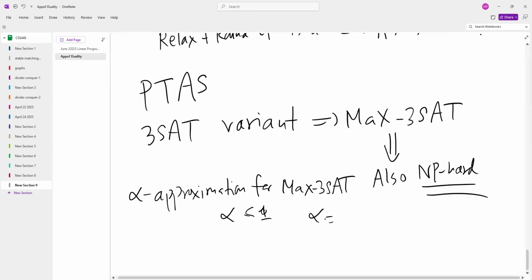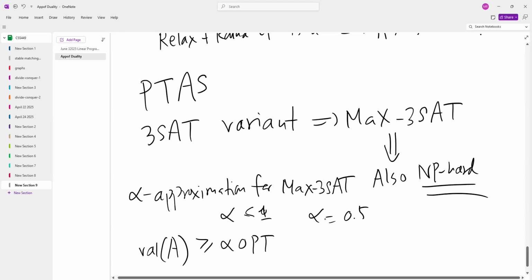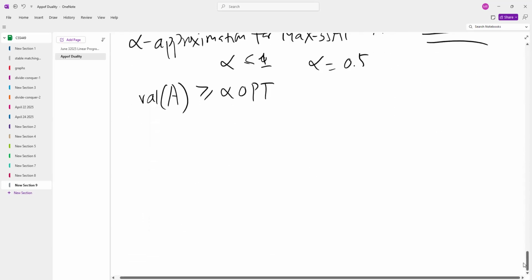So if alpha equals 0.5, then if your algorithm is A, you want the value of A to be greater than or equal to alpha times optimal. Okay. So it's just the reverse of the minimization problem. So now let's think of an approximation for Max-3-SAT.